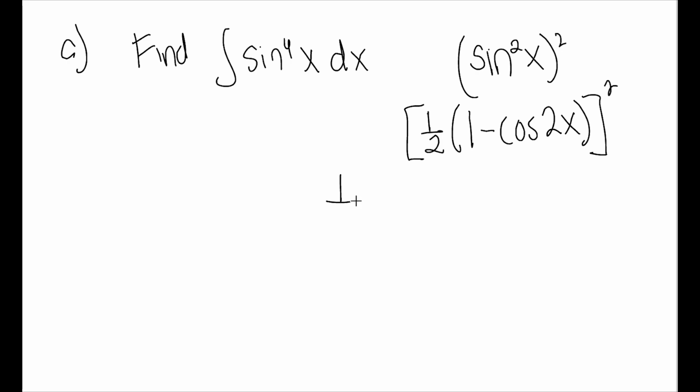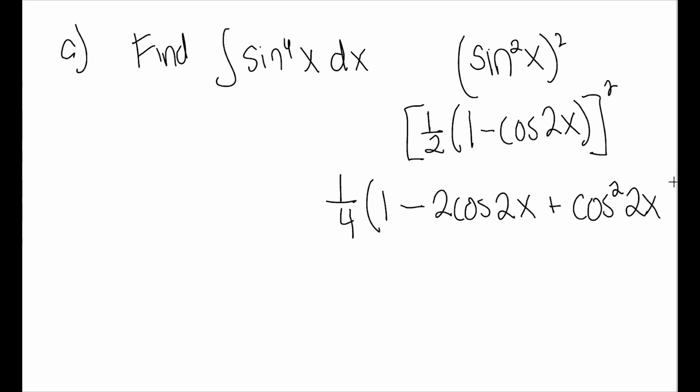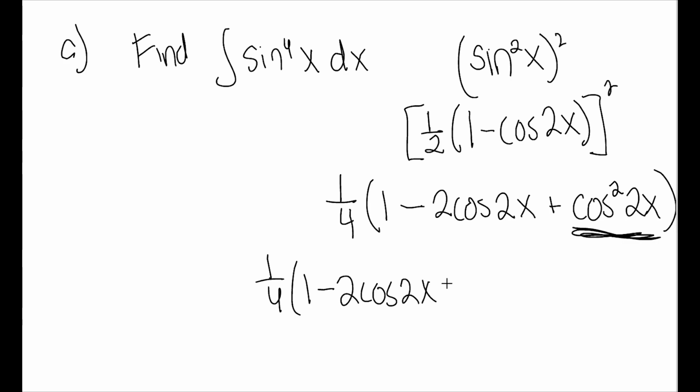So that becomes 1 over 4 times 1 minus 2 cosine 2x plus cosine squared 2x. Okay, and we know from the last example that cosine squared 2x equals 1/2 times 1 plus cosine 4x.